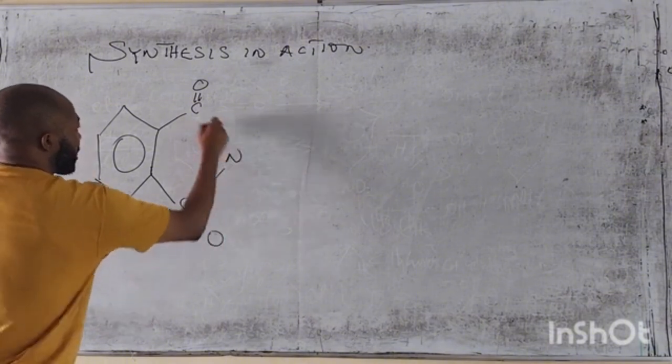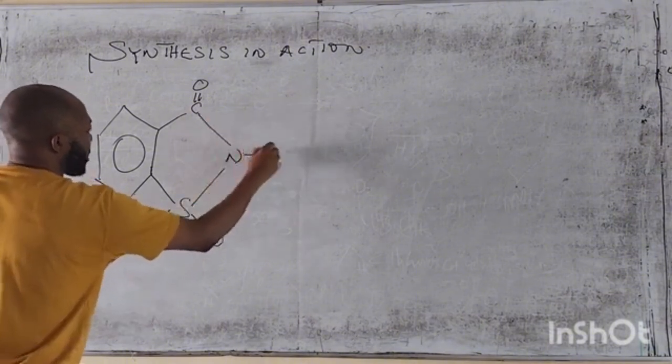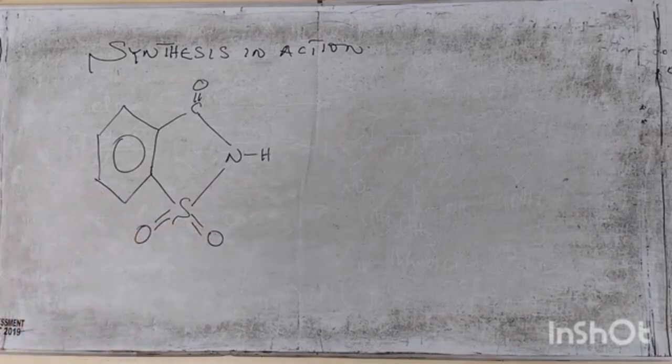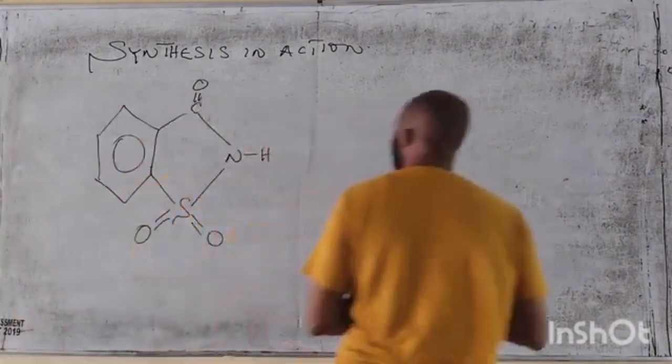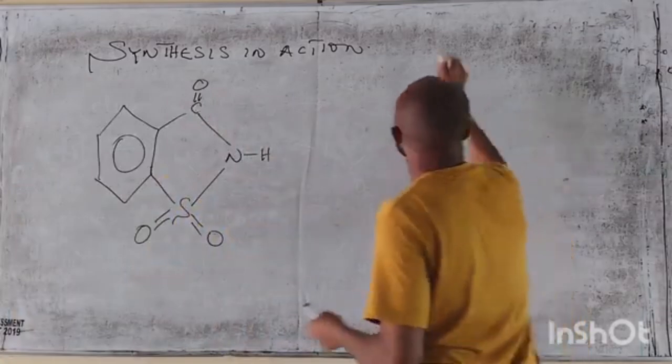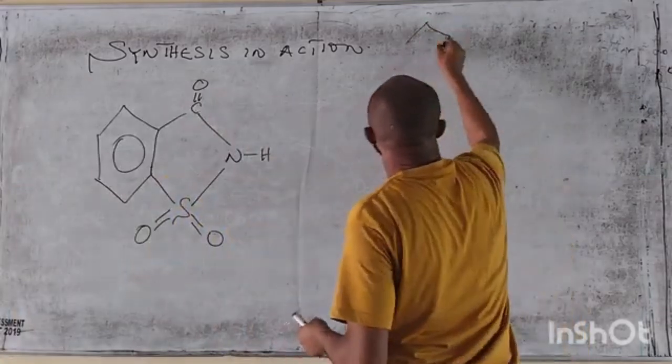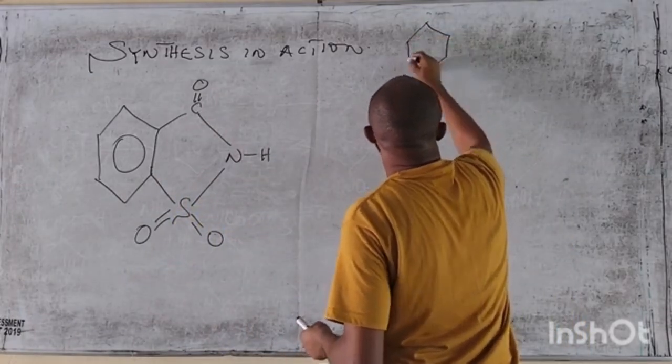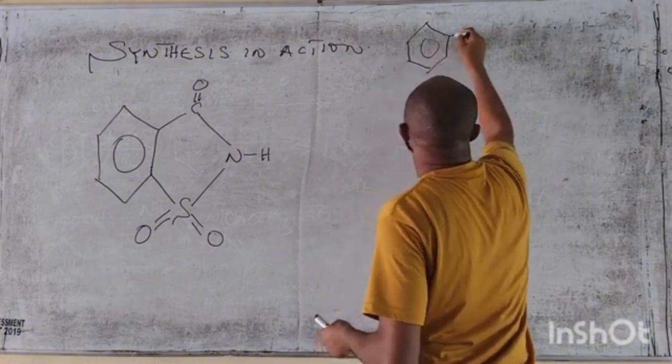And this is nitro. So this is the structure of saccharin. How can we synthesize this? It is very important. So let me write it out so that we'll be looking into it as we move on. But it is important you know the structures without you seeing them.